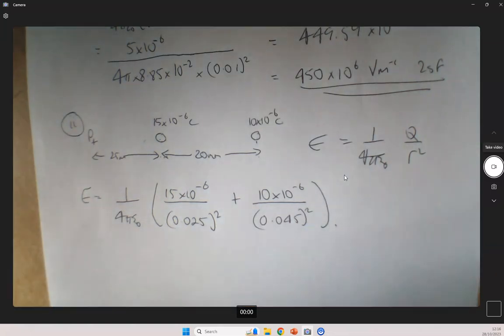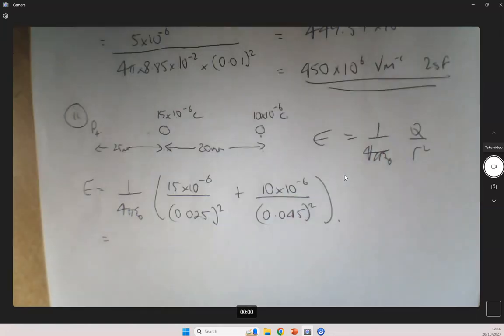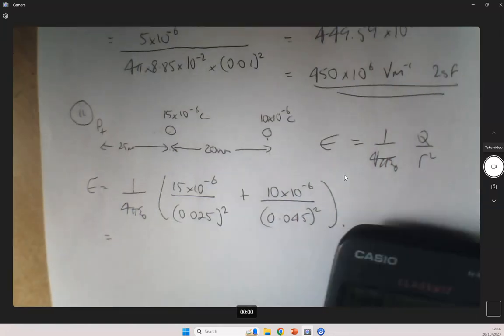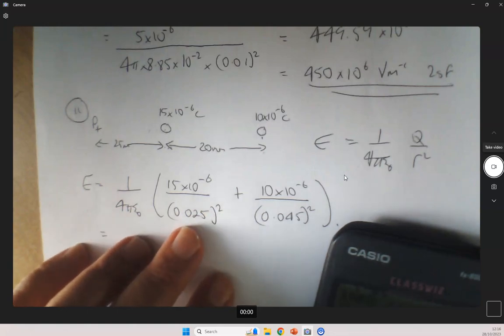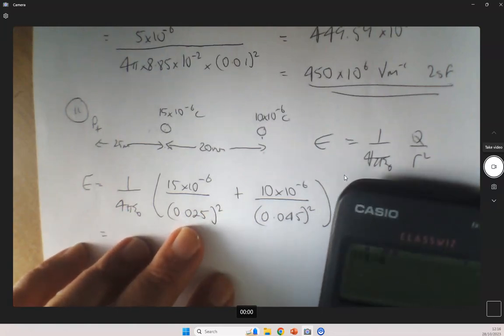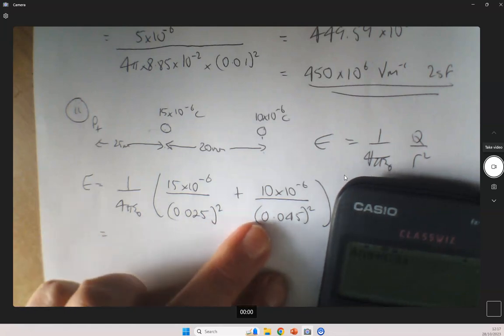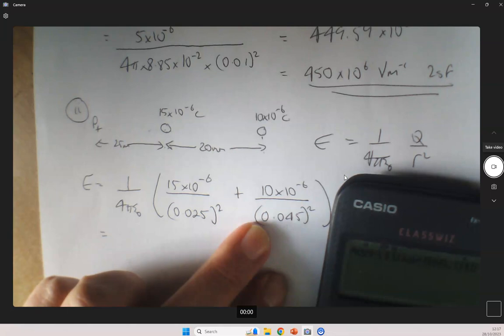Putting these into a calculator is going to take a little bit of effort. Let's do this bit first. I've got 15e to the minus 6 divided by 0.025 squared, and I've got to add on 10e to the minus 6 divided by 0.045 squared. So that's giving me that term.